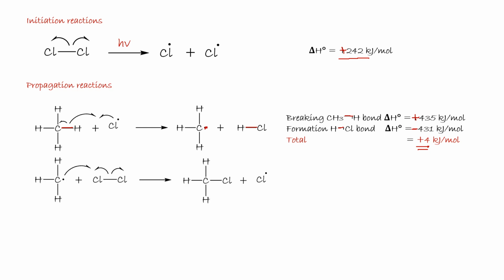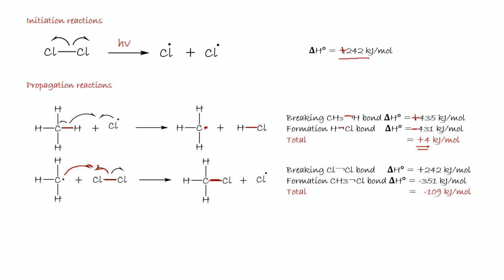Now, from the first step, the methyl radical will react with chlorine molecule, forming the carbon-Cl bond and cleaving the Cl-Cl bond. For the Cl-Cl bond, we have to give 242 kilojoule per mole.